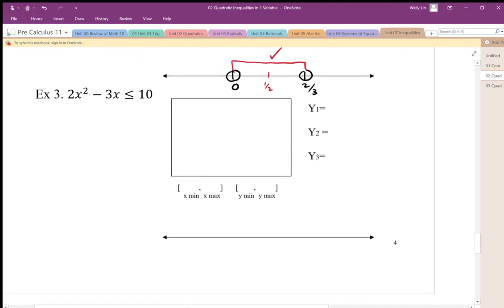Putting this one into my graphing tool, I'm going to end up with 2x squared minus 3x minus 10 is less than or equal to 0. So I'm going to get my Desmos out here, and I'm going to put this into my Desmos and see what this looks like. This should be a parabola facing up.